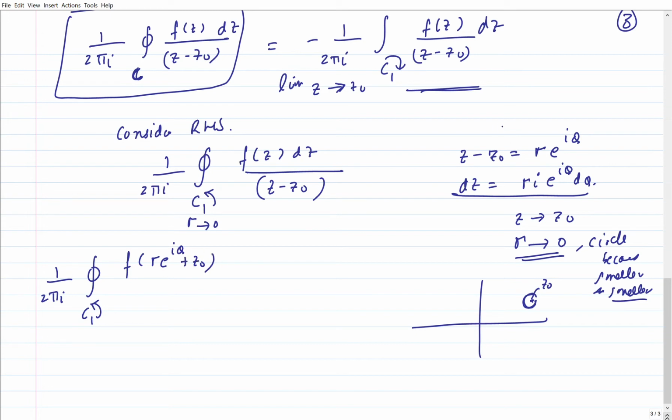So z is z0 plus r e^(iota theta). I plug in the value of dz, which was r iota e^(iota theta) d theta, and in the denominator I have z minus z0, which was r e^(iota theta). So I cancel the terms. What do I get?